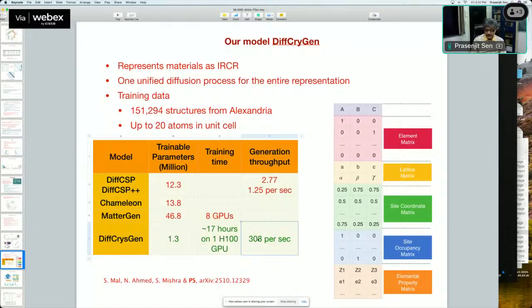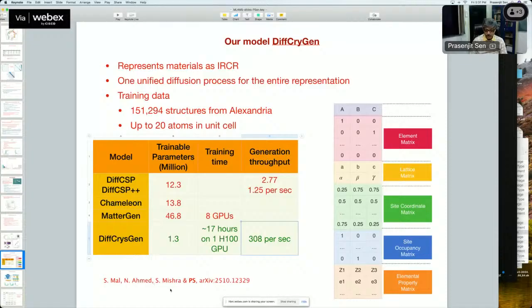On the other hand, there is a cost also: unlike MatterGen, it cannot generate structures very close to the optimum structure. One requires larger post-processing computing, but the generation process is pretty fast. The reference is here.